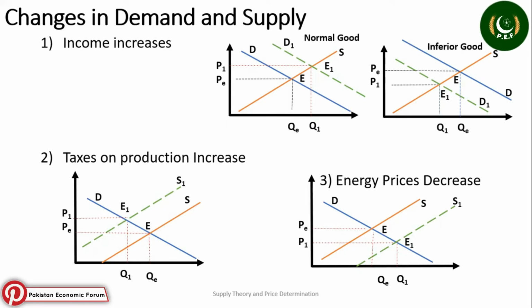However, an increase in supply results in decreasing the prices and increasing the quantity traded, whereas a decrease in supply results in increasing the price and a decrease in quantity traded.